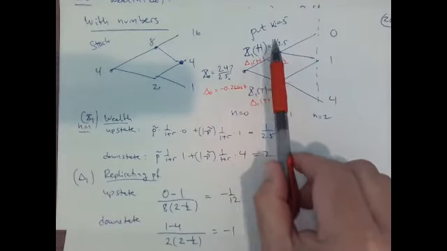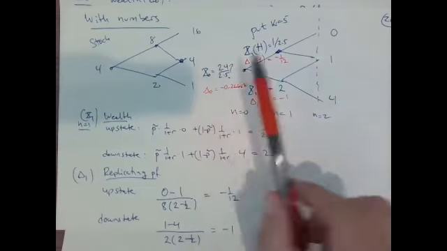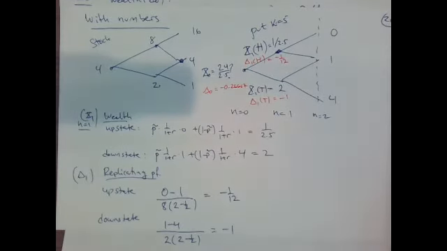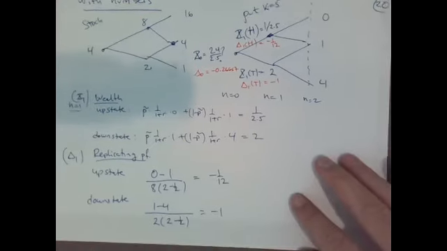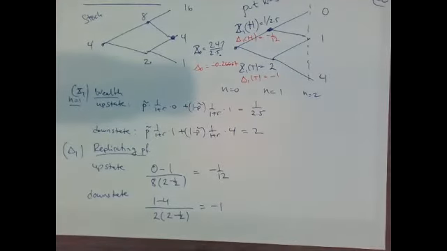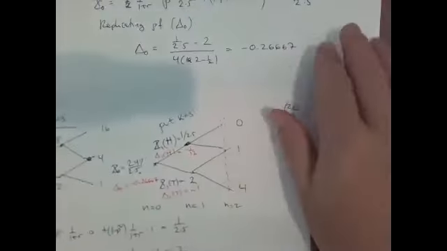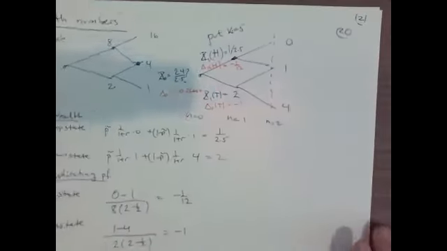That's going to give you a martingale. So computing the expectation is going to give you x. This is what happens in a two-period binomial model.